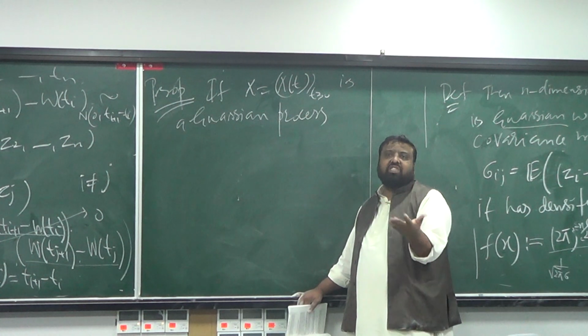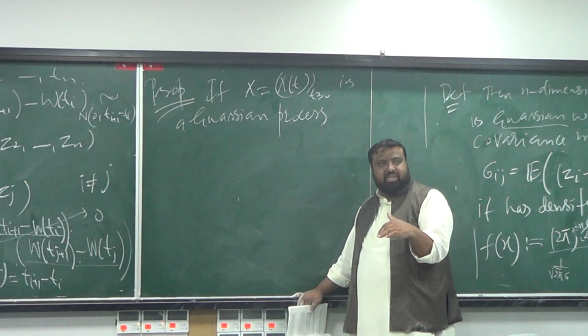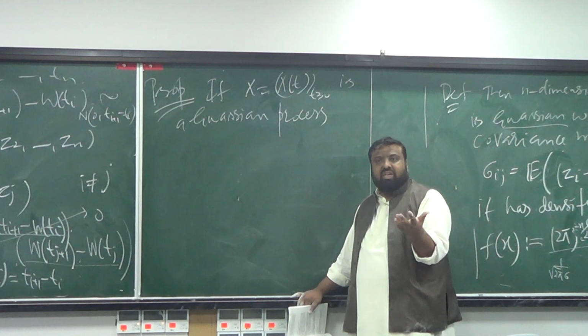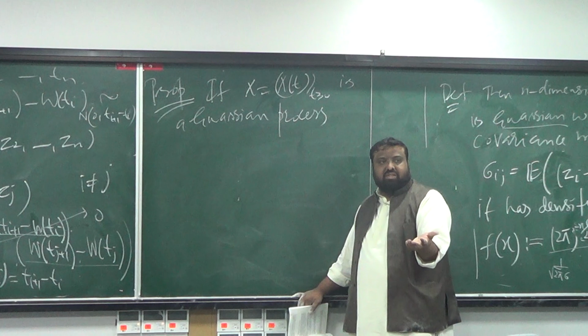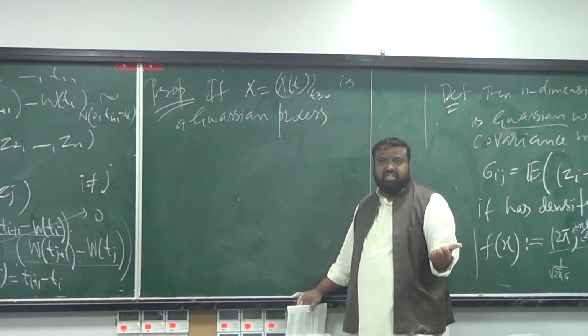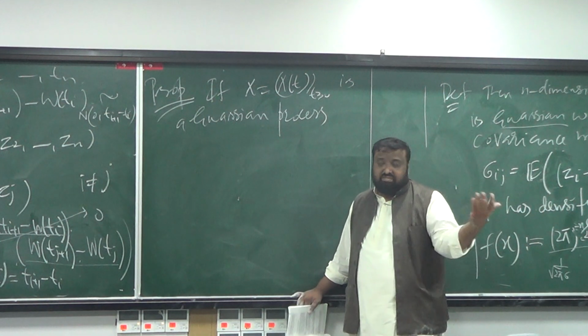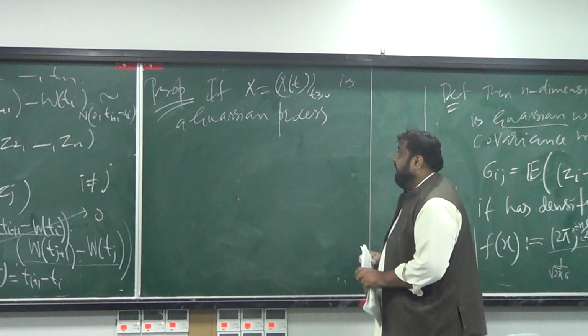If you are taking 3 instants, you will have, for example, 3 increments, and they will form a Gaussian random vector. If you are taking 10, it's also going to be a Gaussian random vector.